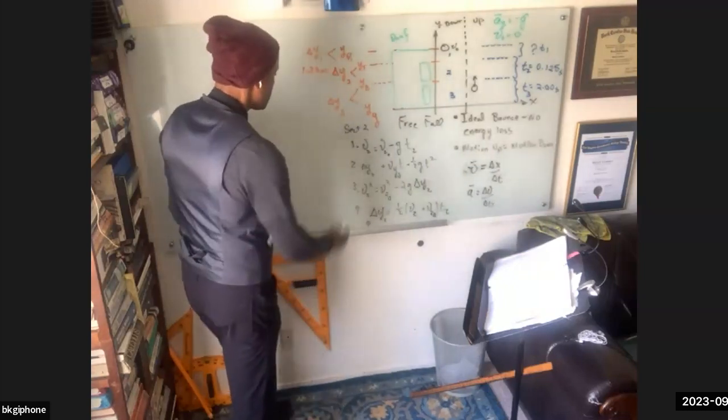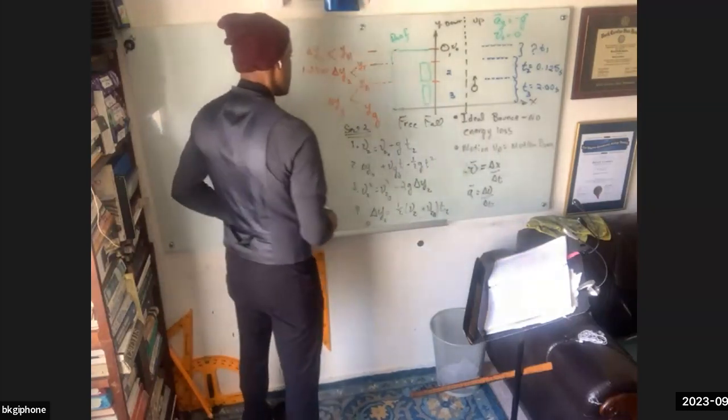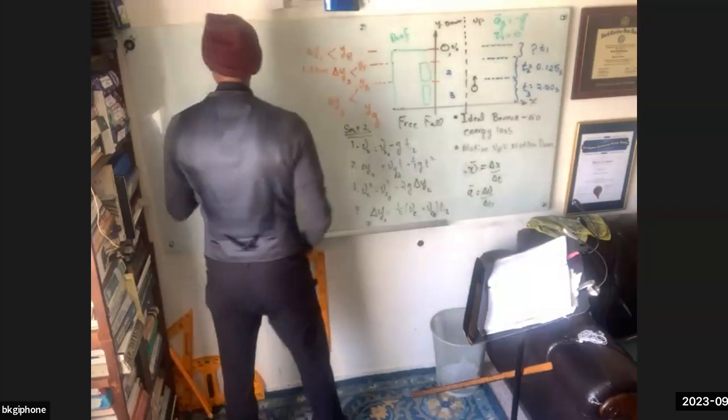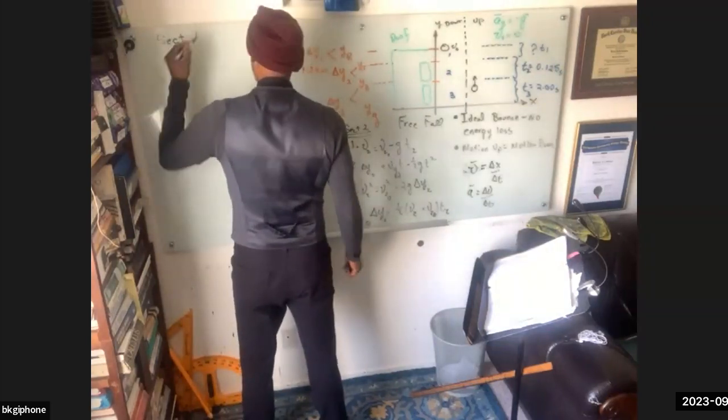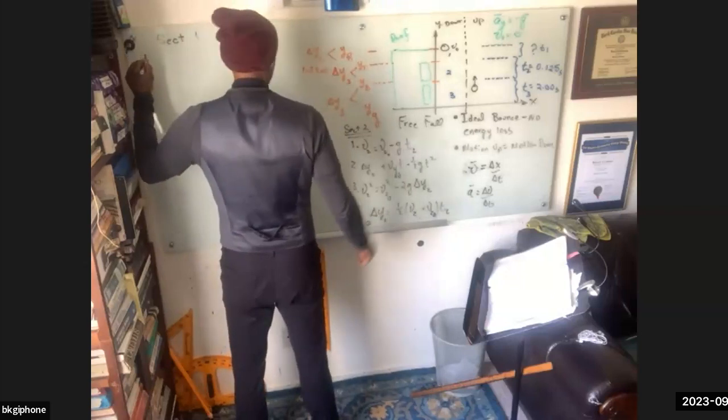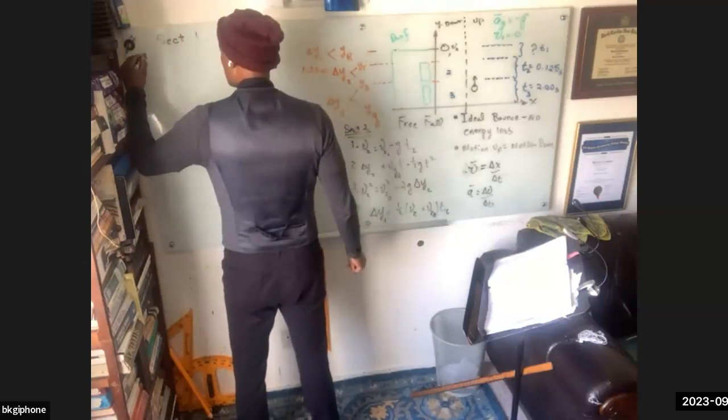Okay, that's section 2. Let's go do section 1. Now, section 1, same equations, right? But we're going to have some zeros up there because of the initial velocity up there.